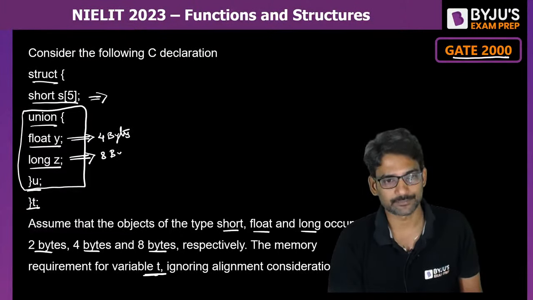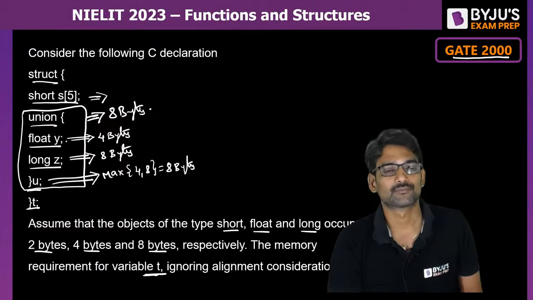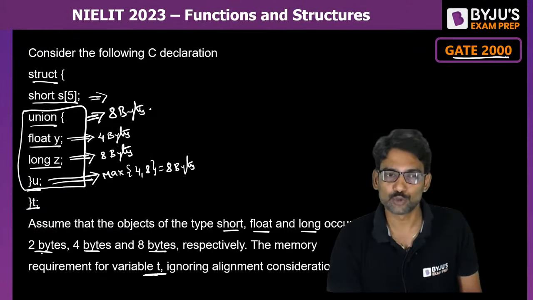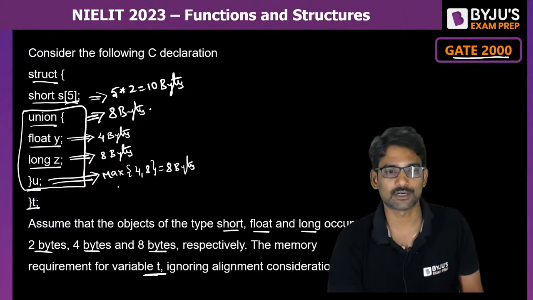It is a union. So, a union variable gets the max of its members' space. So, max of 4, 8 would be what? 8 bytes. So, union size is 8 bytes. And one short requires 2 bytes. There is an array of 5 elements. So 5 into 2, 10 bytes of space for the short.